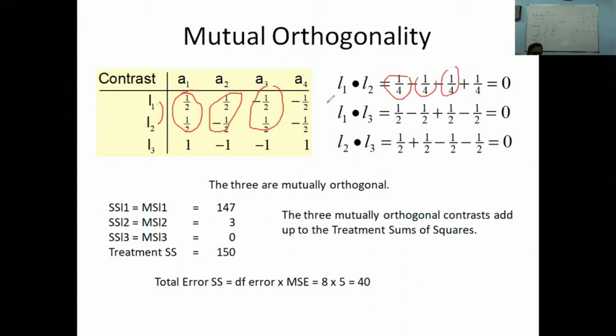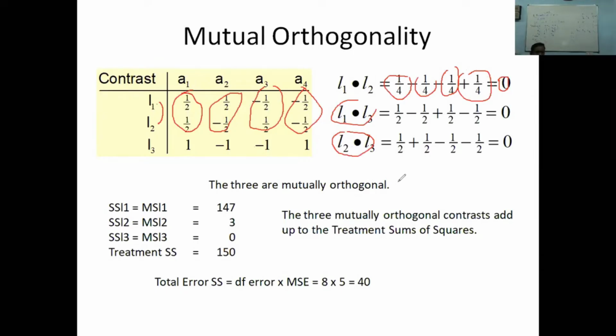Multiplying this becomes plus 1 over 4. So the summation of the coefficients is 0. Likewise, you can multiply and see L1 into L3, L2 into L3. All are orthogonal. All possible multiplications should be done to see whether all are 0.